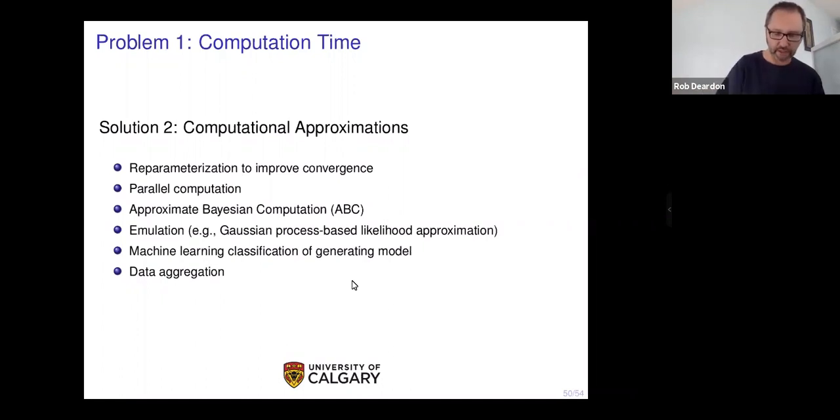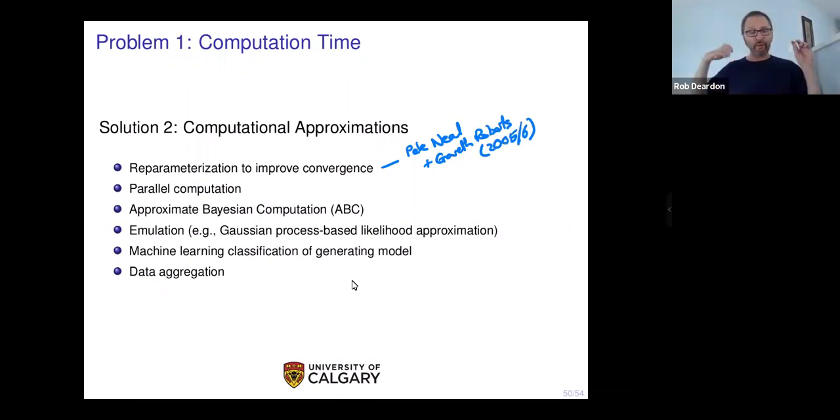If you want to look this up, Pete Neal and Gareth Roberts did some work on this, I think a Statistics and Computing paper around 2005 or 2006, and there are a couple of other papers. Basically, they reparameterize the model to reduce the correlation between the missing data parameters, or the latent parameters. What that does is enable the MCMC to explore the posterior more efficiently, so you don't have to run the chain for so long.